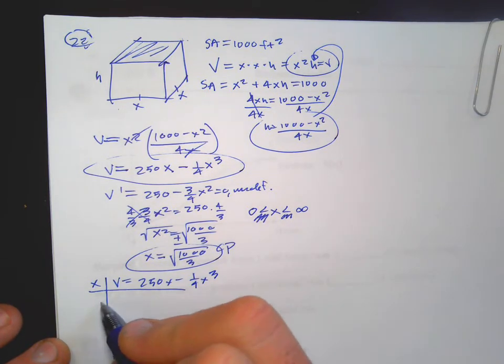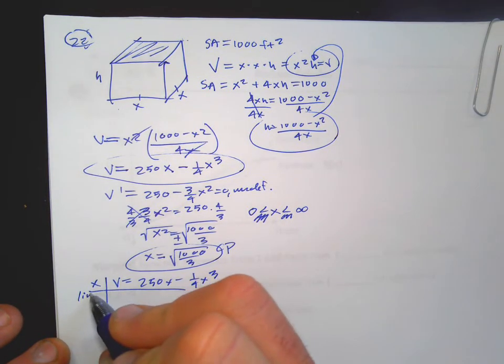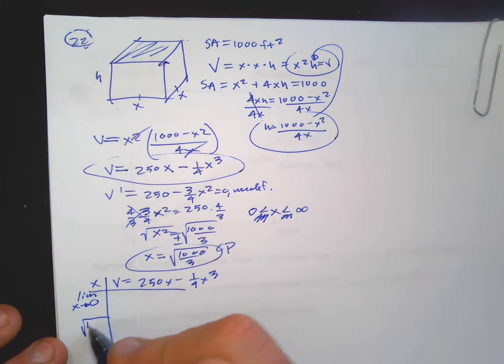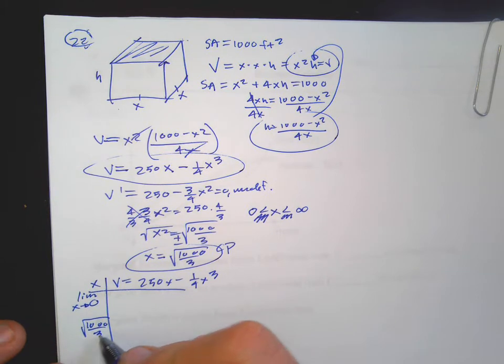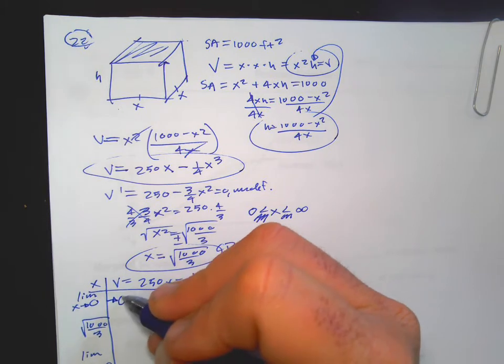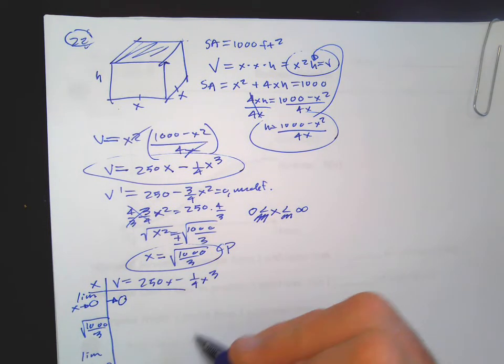So we can say the limit as x goes to 0, because we can't actually plug 0 in, and then we got the square root of 1,000 thirds. And then we could do the limit as x goes to infinity. As x goes to 0, the volume does go to 0.